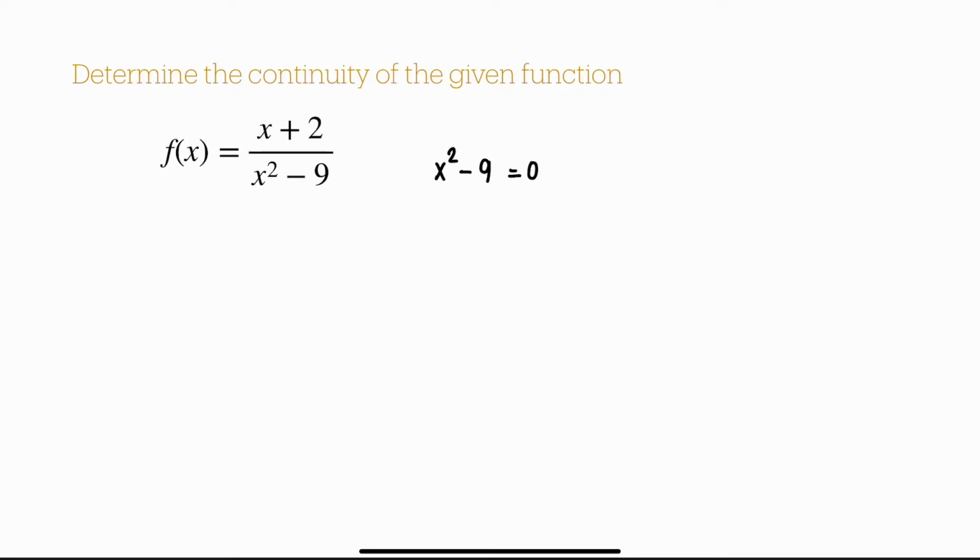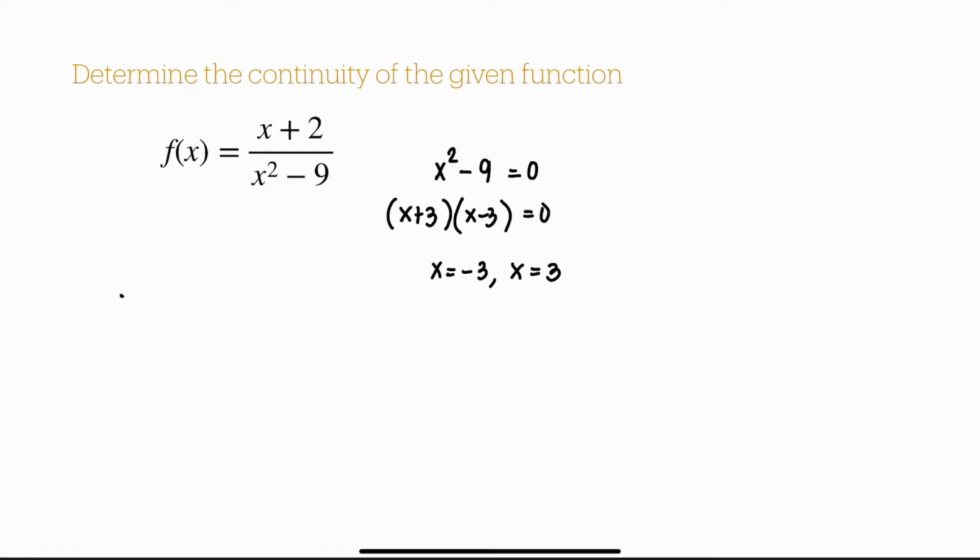So x squared, that's a second degree, meaning there are two values of x. And these are x plus 3, x minus 3. So therefore, that's x equals negative 3 and x equals 3. So these are the values of x that will make the function discontinuous.